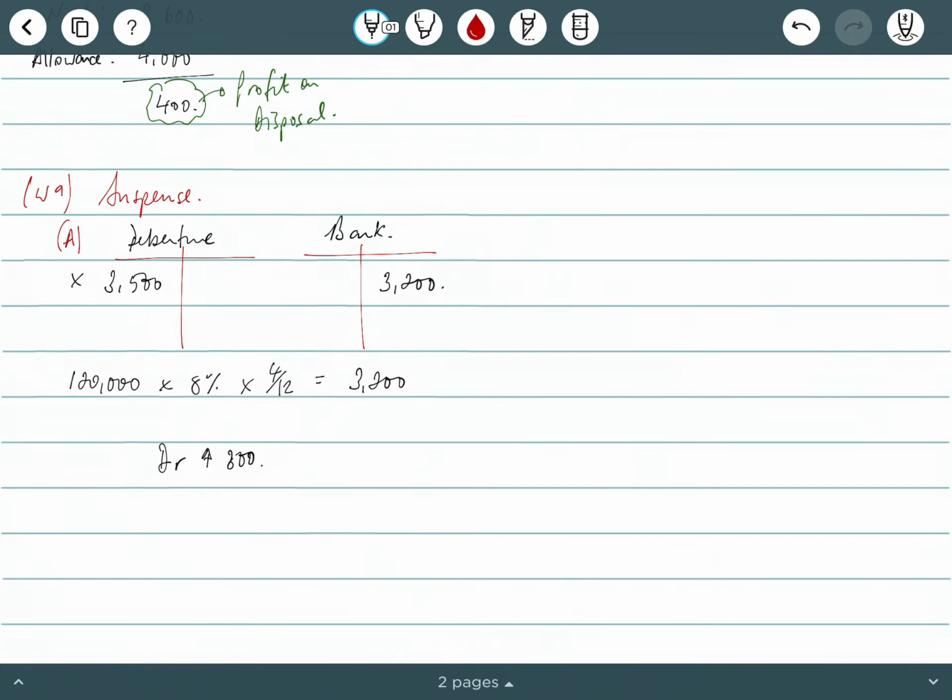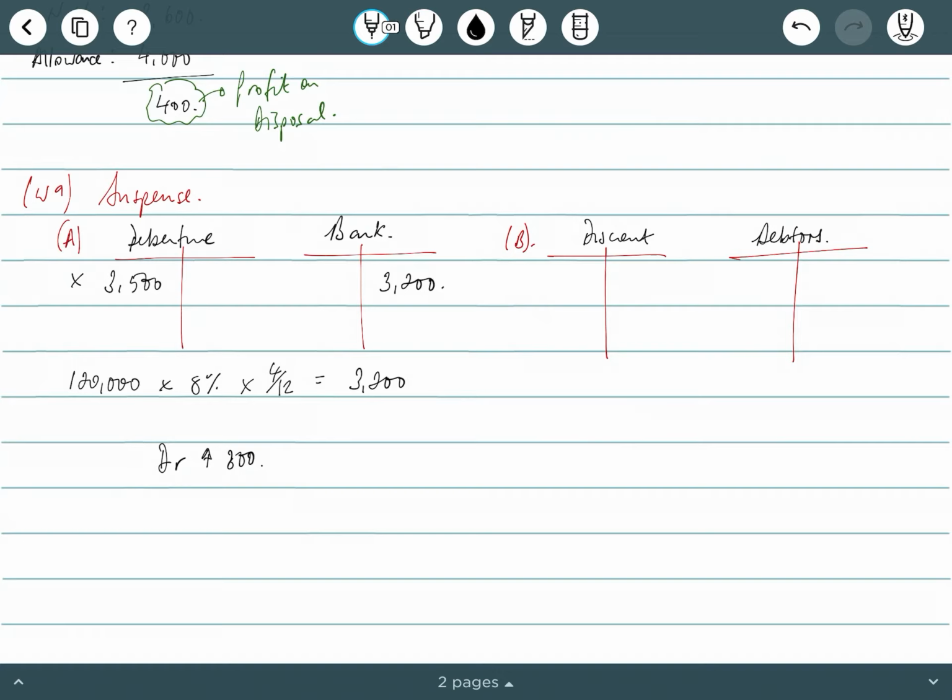Moving on to the second part of your suspense. Again, 2 T accounts, and this is to do with discount and debtors. So we have our discount, and we have our debtors. What does it say? Discount allowed of 400 entered only in the debtors account.